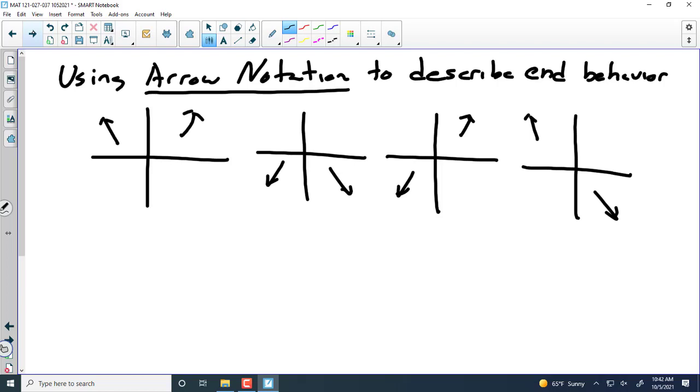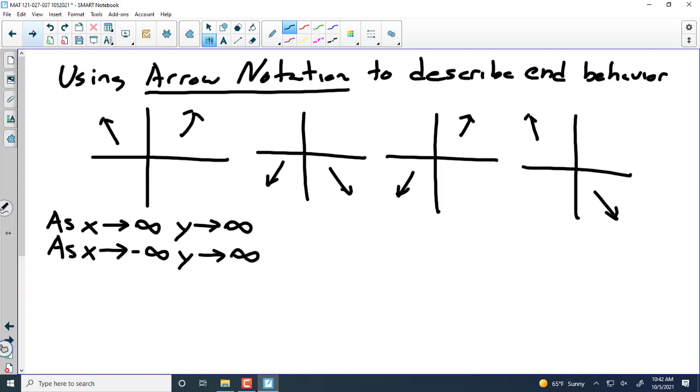What this refers to is describing what's happening using arrows and infinity language. Let me show you what I mean by that. This one right here. This is a way to describe that end behavior using what we call arrow notation.